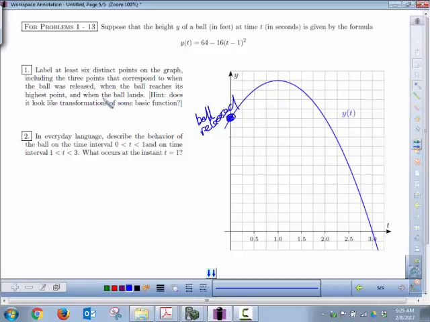The ball reaches the highest point. And then the ball lands. I'm assuming this is the height, so when the height is equal to 0, it lands. You want 3 more points to label, so label them anywhere on this graph that might be convenient for you.